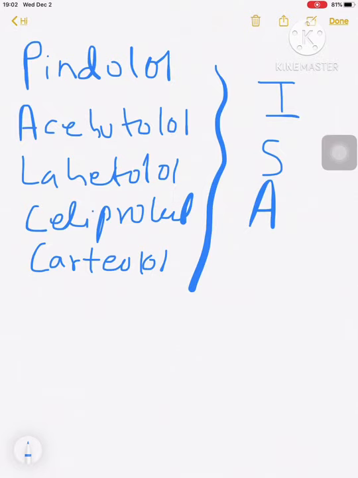Drugs with intrinsic sympathomimetic activity produce less bradycardia, have a slight vasodilatory and bronchodilatory effect, and produce minimal change in plasma lipids. That is, less bradycardia due to beta 1 receptor, broncho and vasodilation due to beta 2 receptor, and minimal change in plasma lipids through beta 2 receptor. We'll see what effect they produce in different organs next.